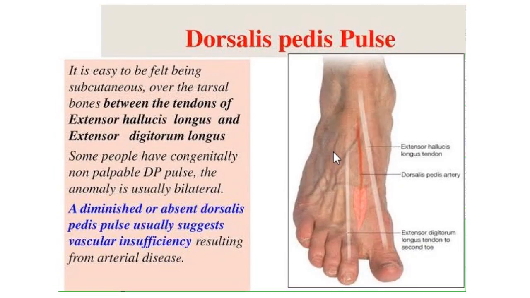Now let's discuss why we need to palpate the Dorsalis Pedis artery, or what is the significance of taking Dorsalis Pedis pulse. This pulse is used to evaluate the peripheral vascular system. Peripheral vascular system includes both upper and lower limbs.